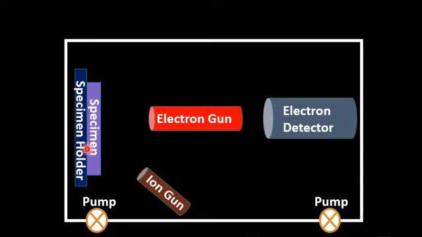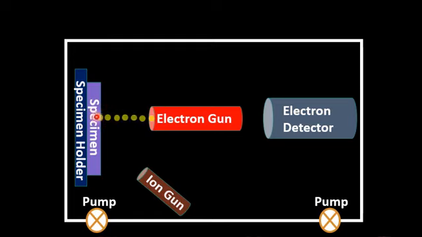So now, dear student, let's explain how Auger electron spectroscopy is done. In Auger electron spectroscopy, a high energetic beam of electrons is emitted from the electron gun, and it is incident onto the surface of the specimen.